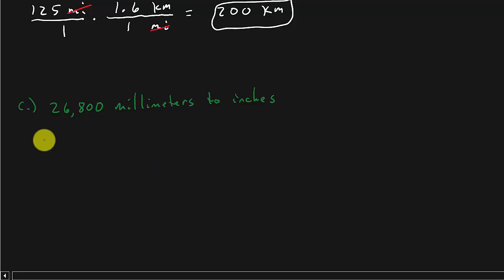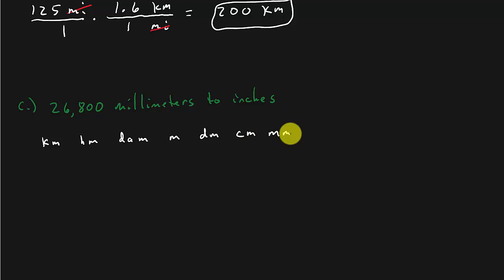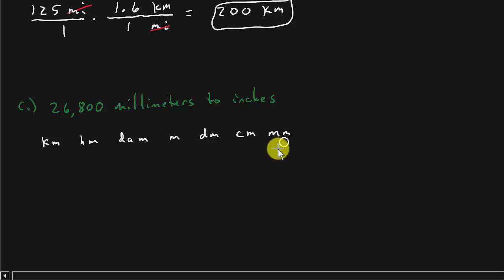And I also know that I've got kilometers, hectometers, decameters, meters, decimeters, centimeters, and millimeters, right? And I am in millimeters. What if I take this and convert it to centimeters? Then I can go from centimeters to inches.